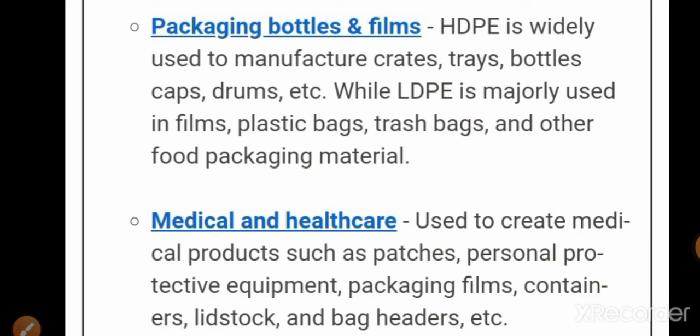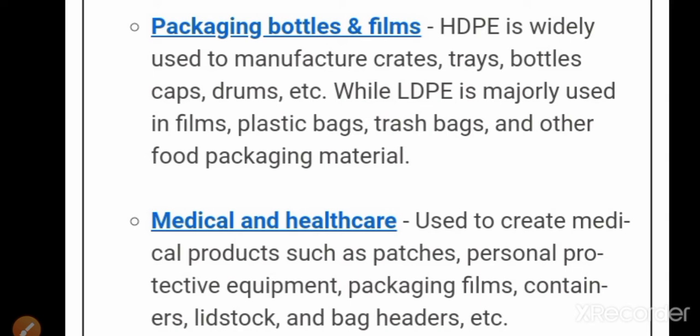Now let us see the applications of different types of polyethylene polymer in making different types of appliances. In packaging, bottles and films, HDPE is widely used in the manufacture of crates, trays, bottles, caps, drums, etc. LDPE is used in films, plastic bags, trash bags and other food packaging materials.